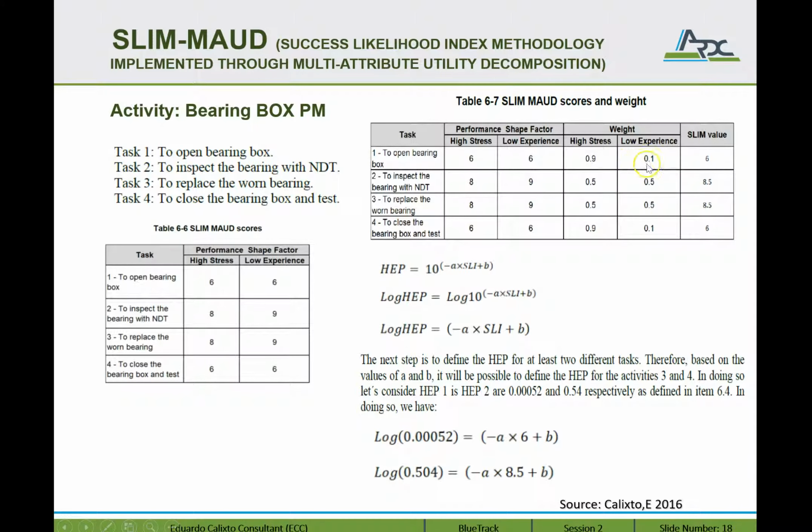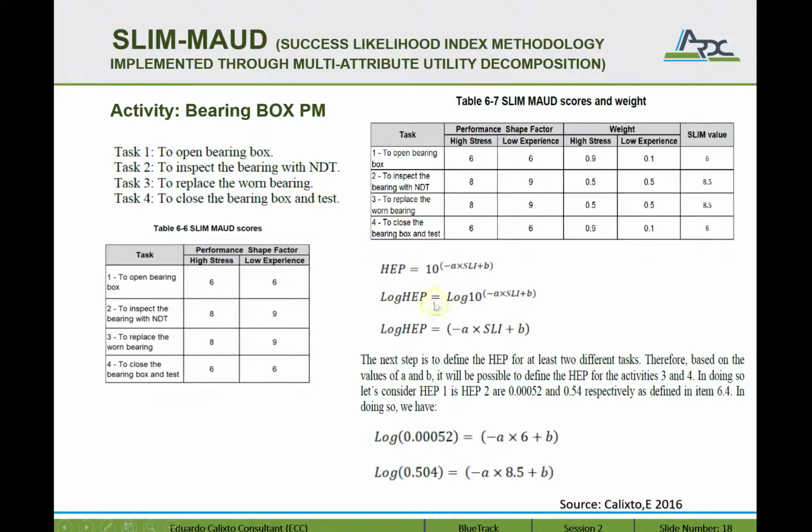And then based on these values, I can have my success likelihood index value by multiplying each score by its weight and adding this one plus this one, and then I will have my score value here.